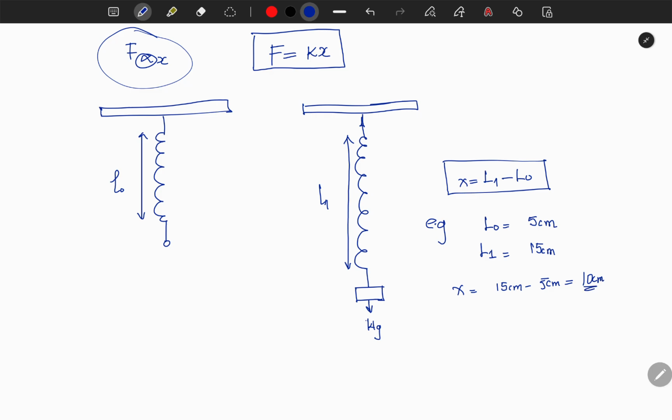The word extension means by how much something has been extended. So this spring has been extended by 10 centimeters to reach 15 centimeters. Is it making sense?